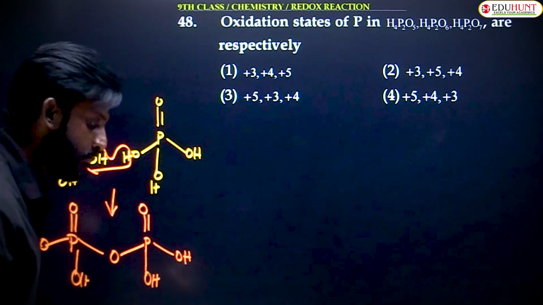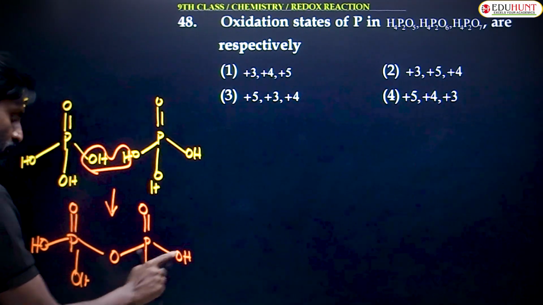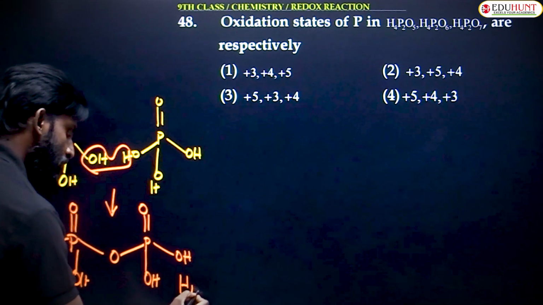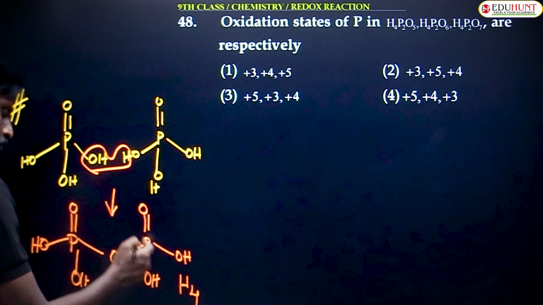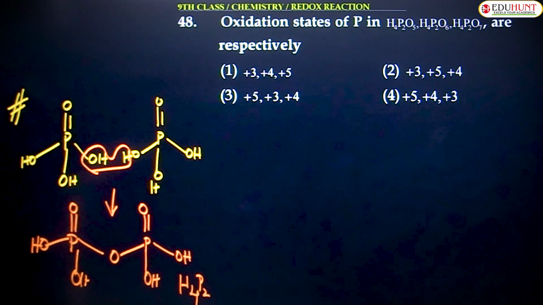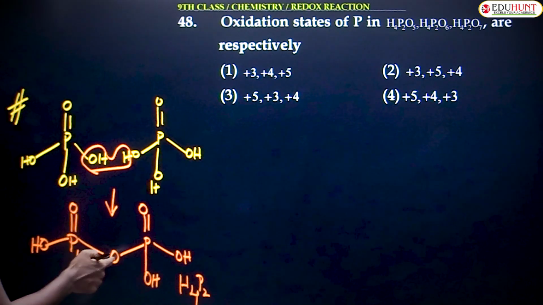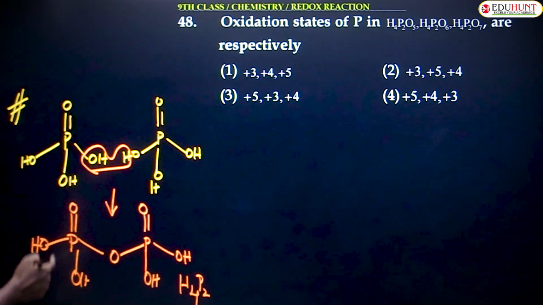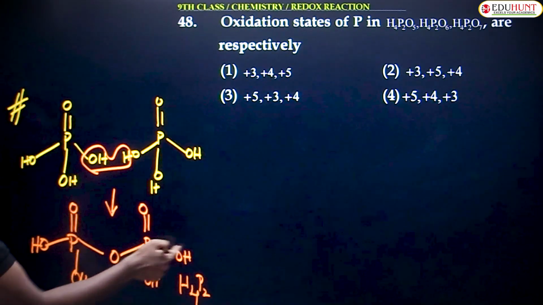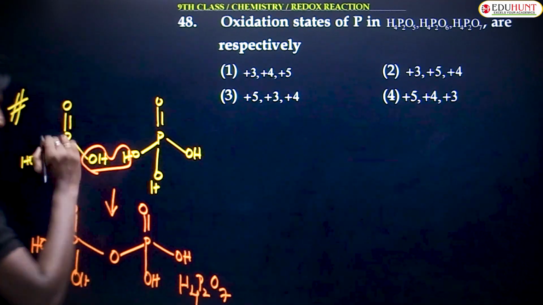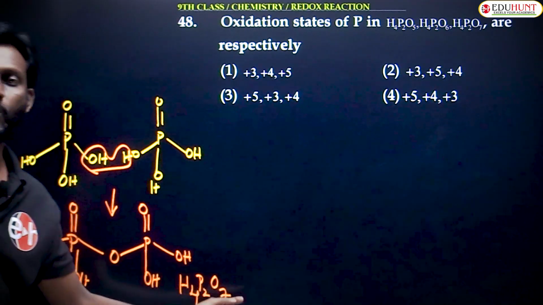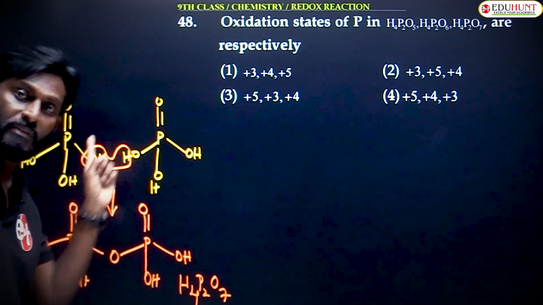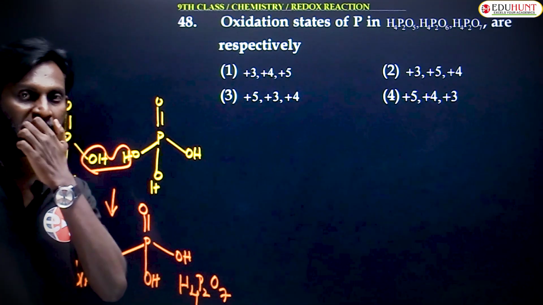Now what is the formula for this? 1, 2, 3, 4, 4 hydrogen, H4. How many phosphorus? P2. Oxygen 1, 2, 3, 4, 5, 6, sorry, 7. O7. That's it. H4P2O7. I have explained this same thing in one of the previous questions also.